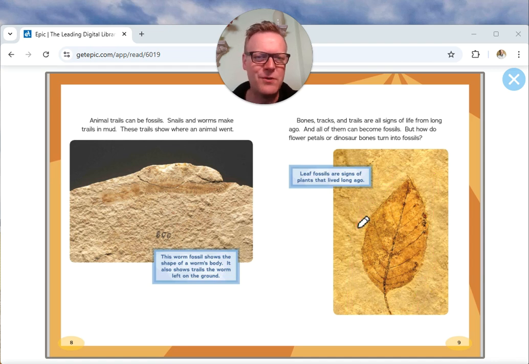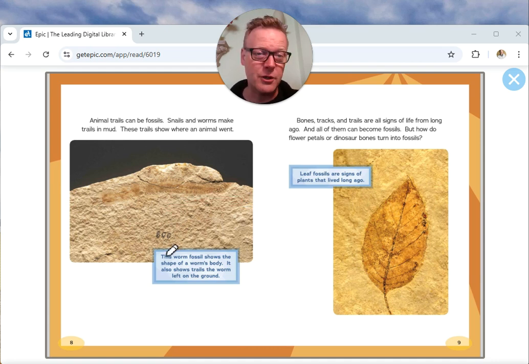So you've got bones. Of course, bones are like your skeleton, right? You've got tracks. Tracks are the same thing as footprints or where the animal moved. In this case, you've got little lines over here where this worm slithered.